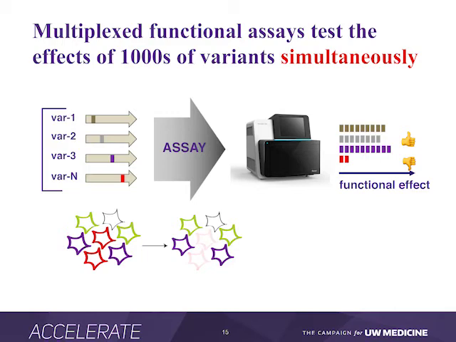Exactly. Because I can read the sequence of this variant, so I can say it was in this population 420 times, it was only in this population 4 times. That's gone down, so I would quantify that this way. And then maybe these purple guys stay about the same, and those are pretty good.